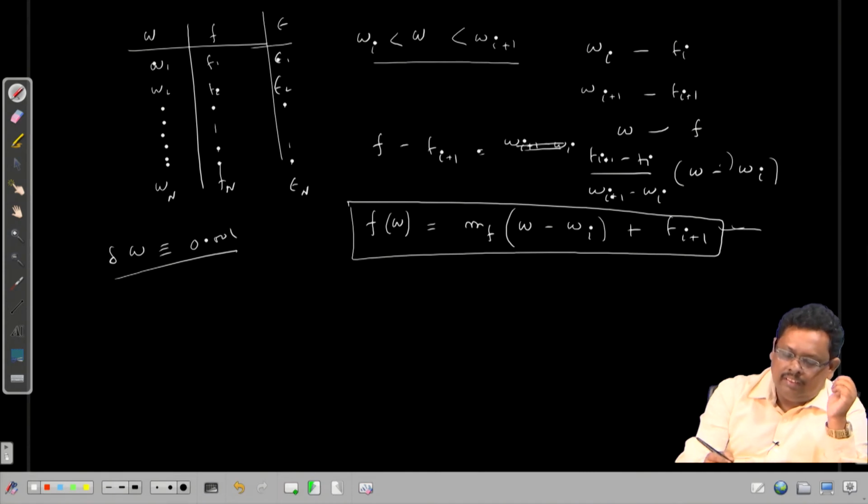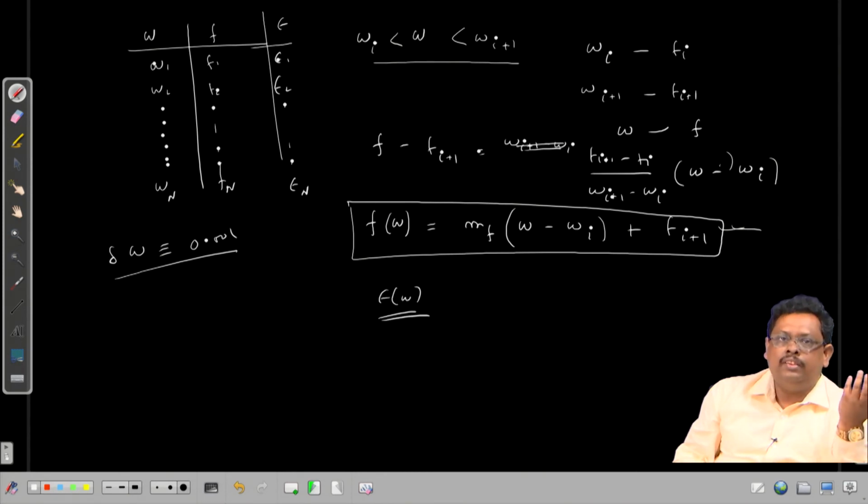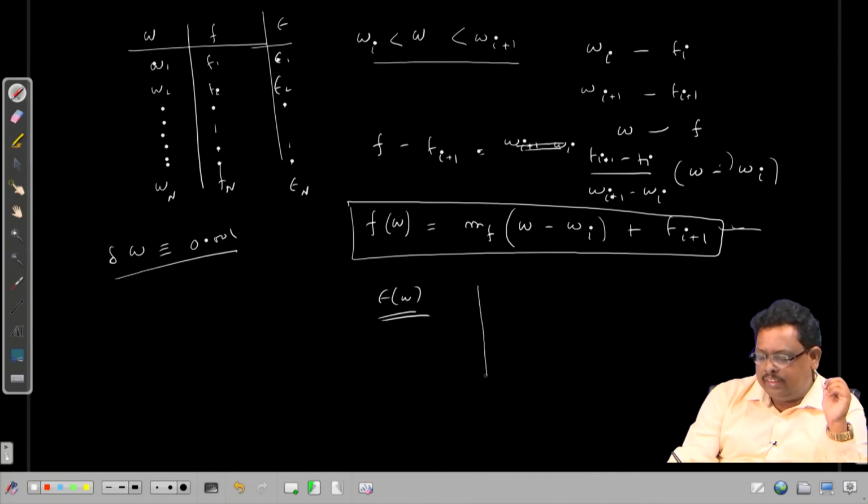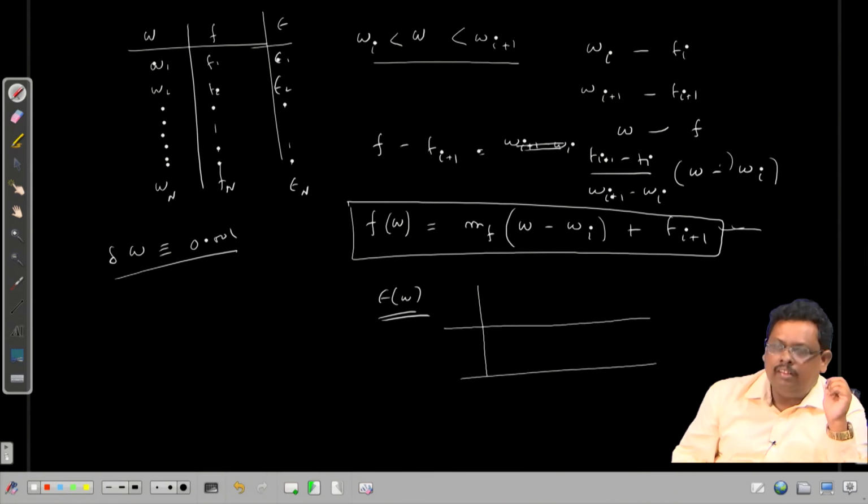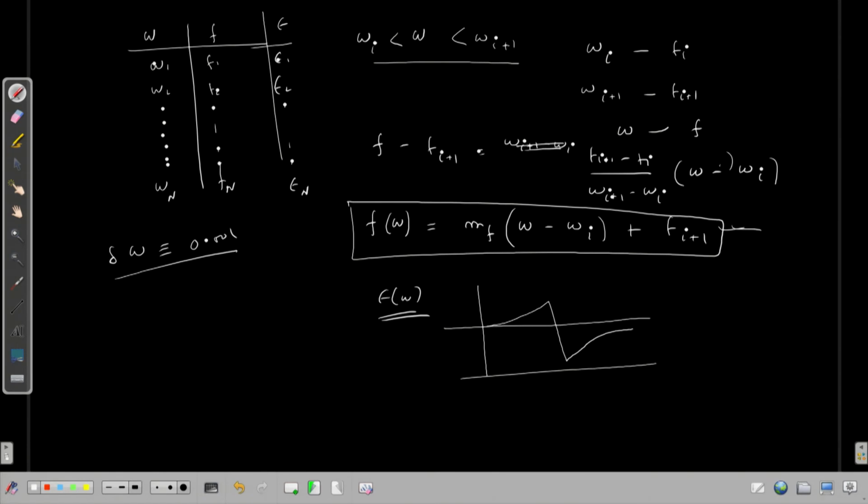And similarly, with this simple equation I can find out the phase of epsilon omega also. In a similar way, I can do this linear interpolation, but sometimes there is a problem. If you look at the nature of the phase, it might not be a very good idea all the time. It goes somewhere up and then suddenly goes down and then comes up like this.